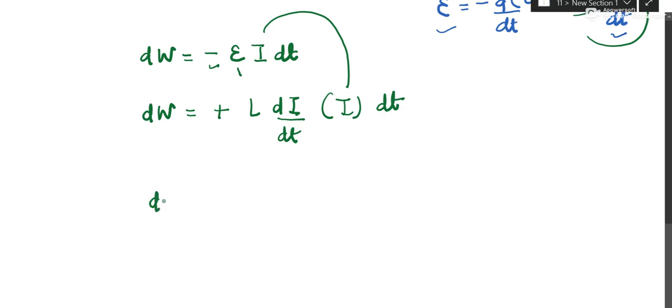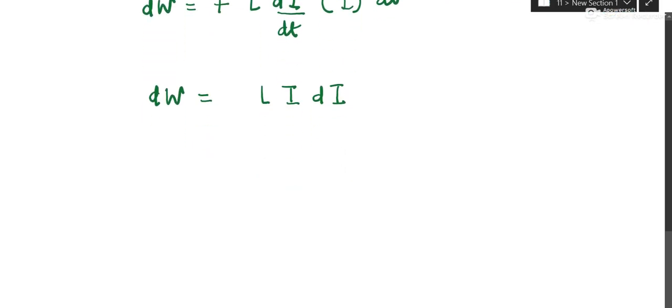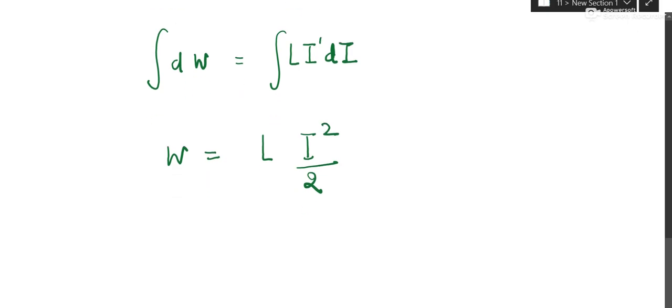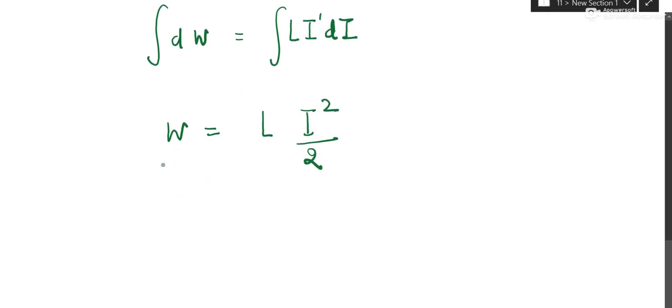So dW can be written as L I di. Integrating both the sides, W is equal to L, one power will be increased and divided by the increased power. This is 1, no? So one power will be increased and divided by the increased power. This work is stored as magnetic potential energy in the inductor.